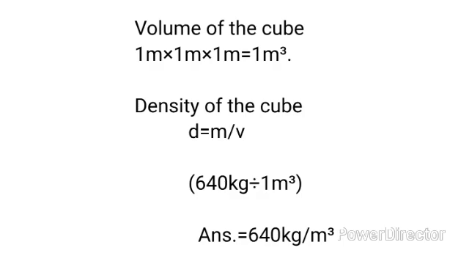To get the density, we have to divide the mass by the volume, so if we divide 640 kilogram by 1 cubic meter, we will have the density of the cube as 640 kilogram per cubic meter. And now this becomes our final answer.